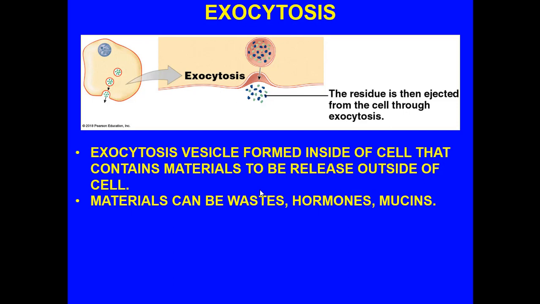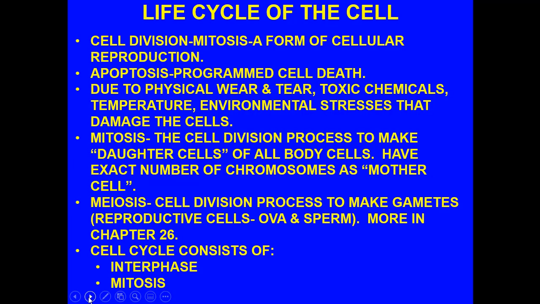When you mix it with water, yep, that makes mucus, and you see them very commonly in the respiratory area as well as the digestive tract, okay? Hormonal cells, cells that make hormones, will manufacture the hormone inside, put it into a vesicle, and the vesicle will eventually fuse with the cell membrane, and you will release the hormone by exocytosis.